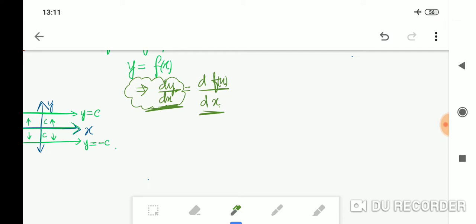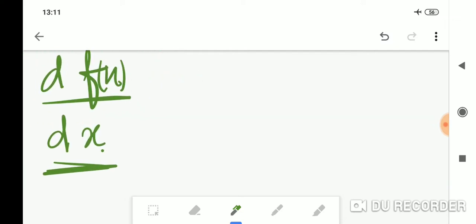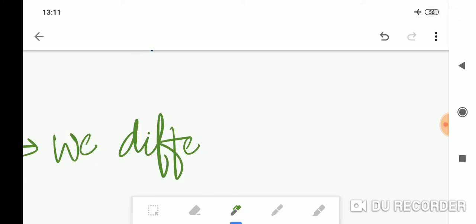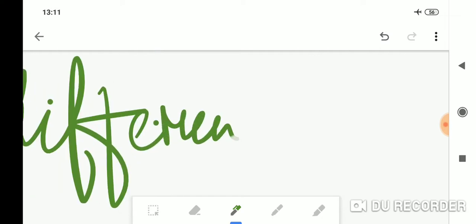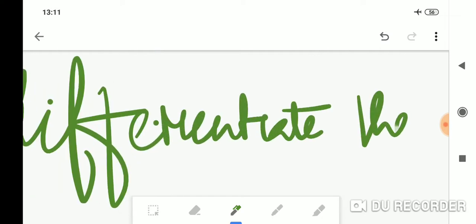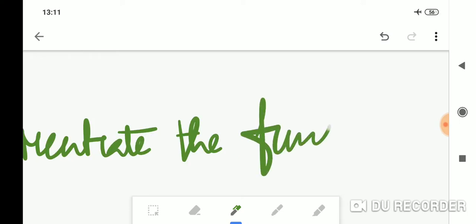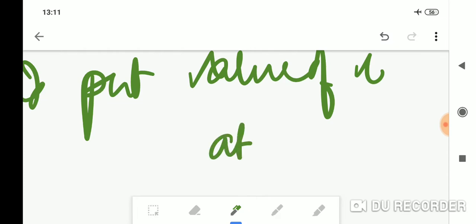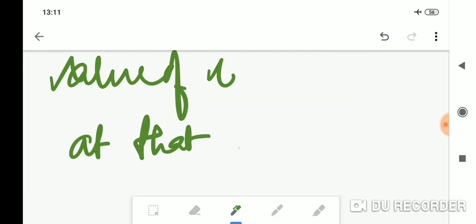So we have to understand that to find the slope, we differentiate the function and put the value of x at that point.